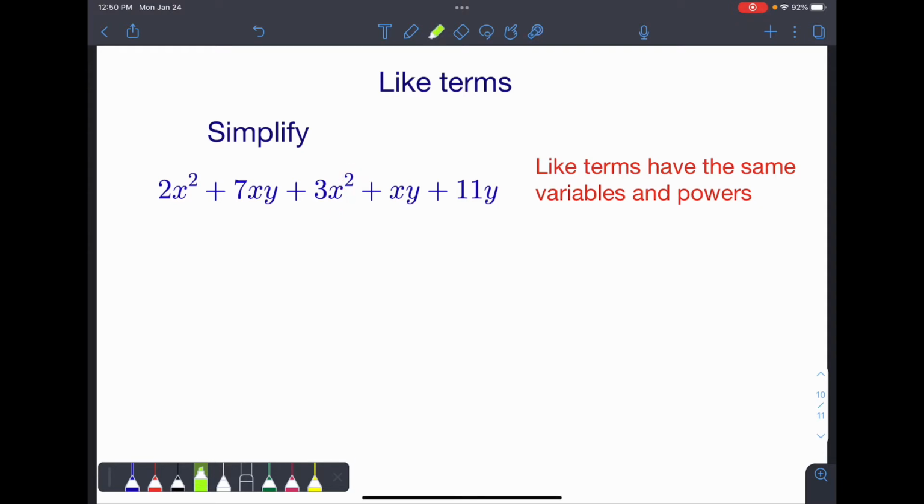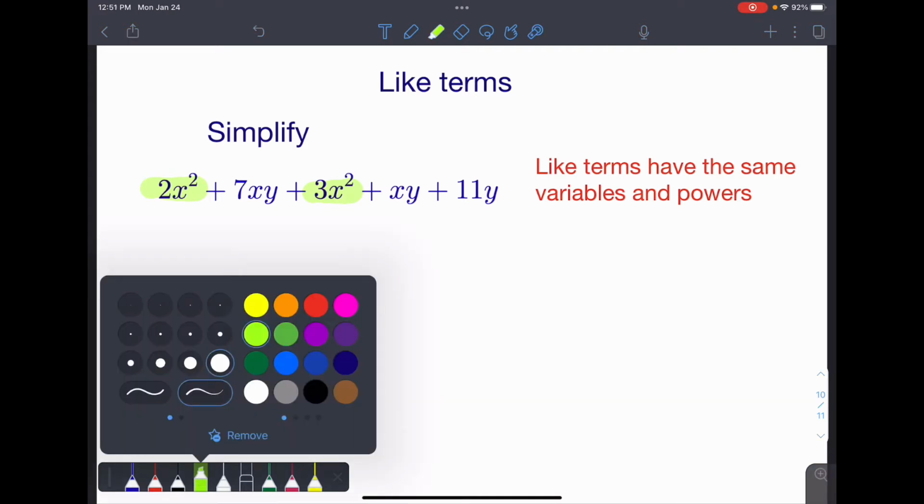So the term 2x squared and the term 3x squared, those are like terms because they both have an x squared and no other variables. Notice their coefficients can be different. The first one, the coefficient is 2, and the second one, the coefficient is 3. So those two that I've highlighted in green are like terms.